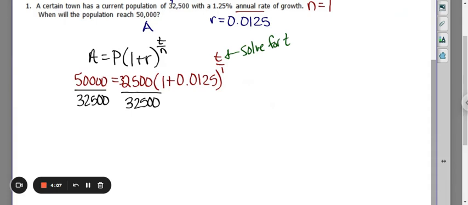Does it come out to be a nice decimal value? So we don't really get a nice solid decimal number, do we?